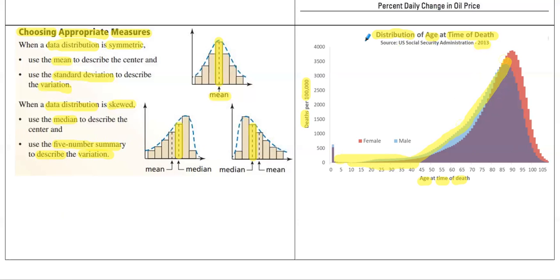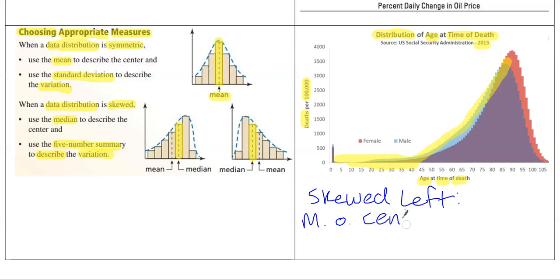And if it's skewed left, then let's talk about the measures that we would use. If this is skewed left, what would be our measure of center? Well, what's that tail going to do? This tail to the left is going to pull that mean down from where the median would be. And because it pulls it down, it's best to use the median, not the mean.